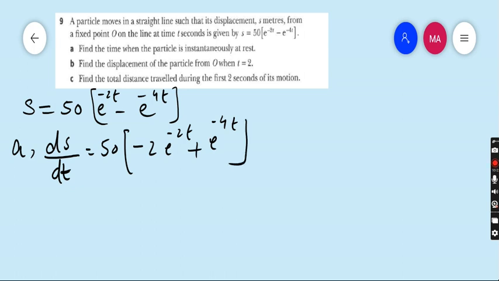This is the velocity. Now, because we need the time when the particle is instantaneously at rest, we should write ds by dt, velocity, is equal to 0.